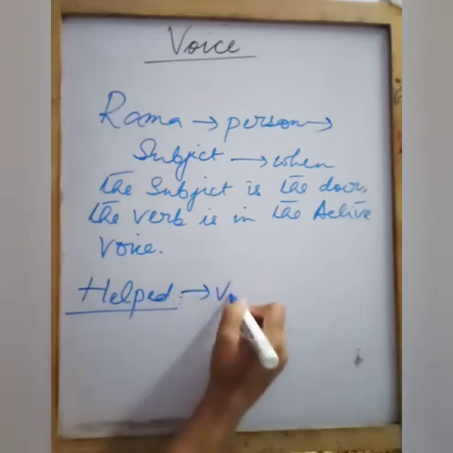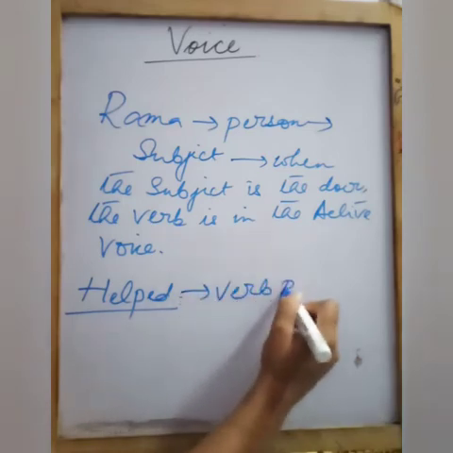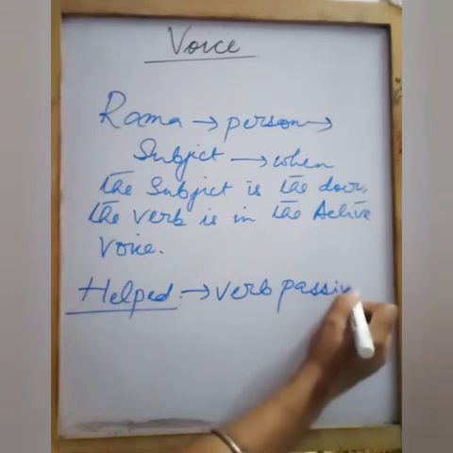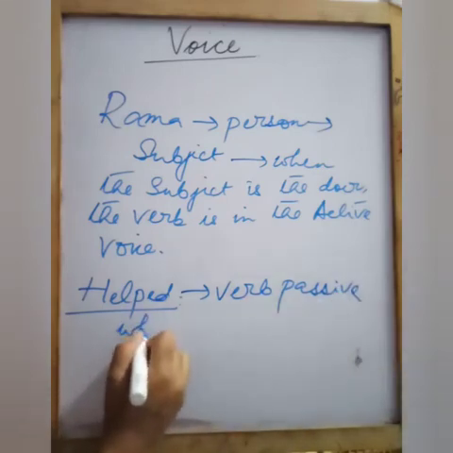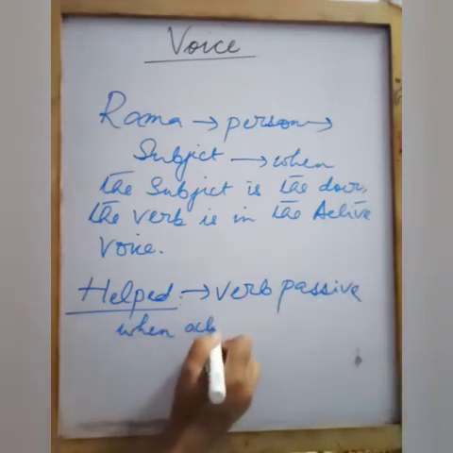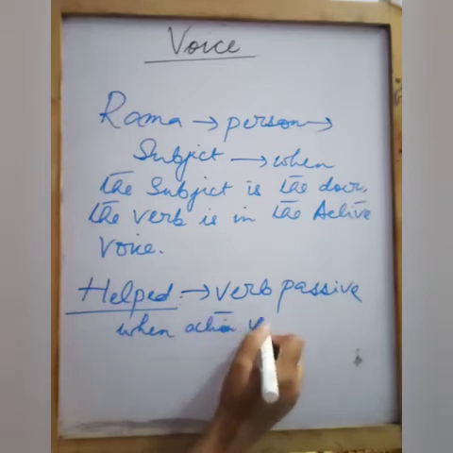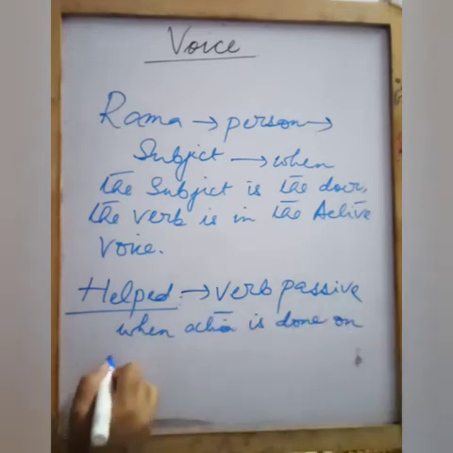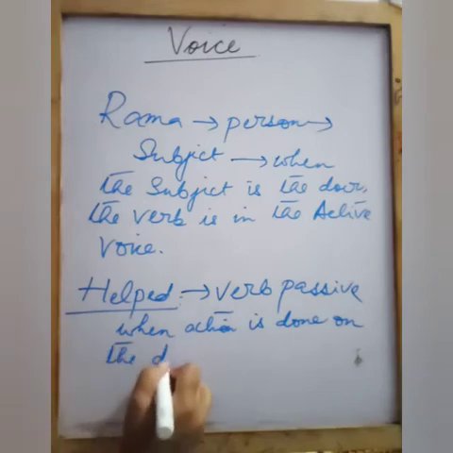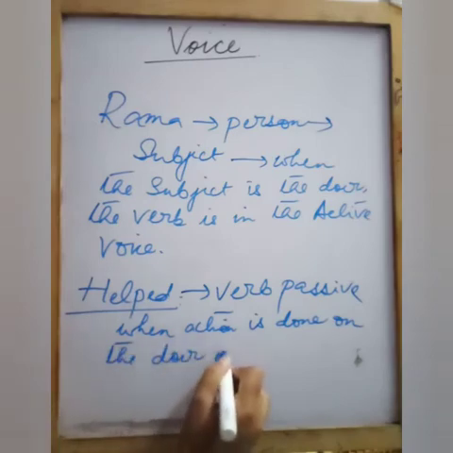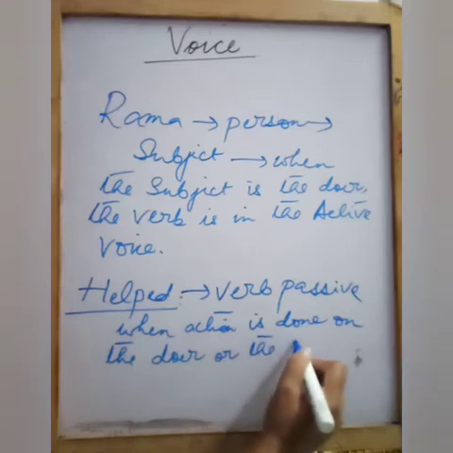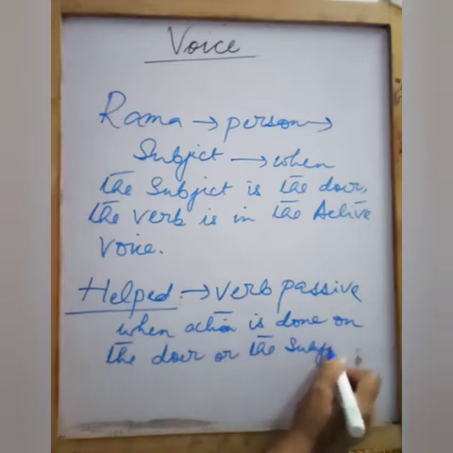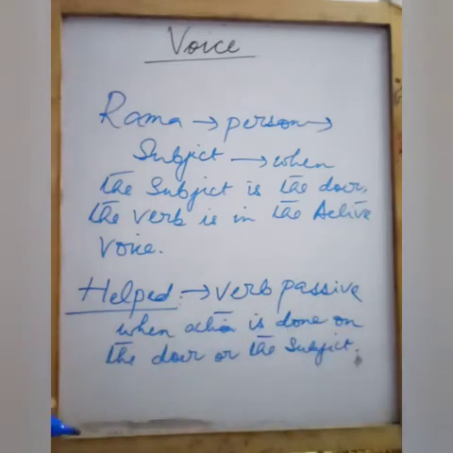When is a verb passive? A verb is passive when action is done on the doer or the subject. So I hope you understood the difference between active voice and passive voice.